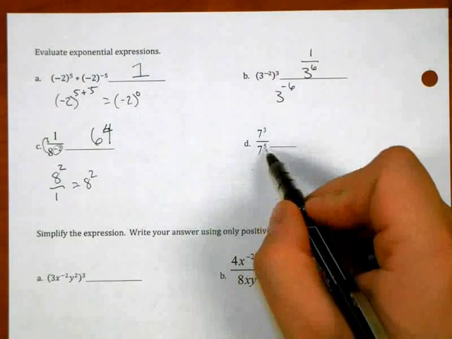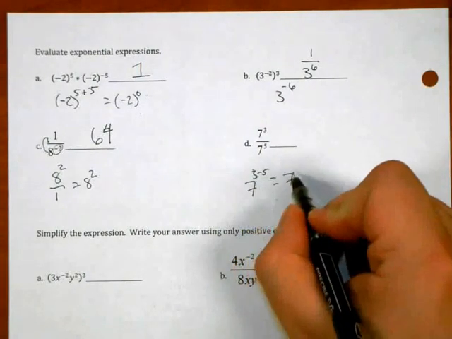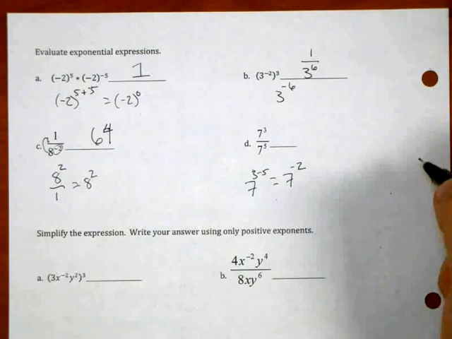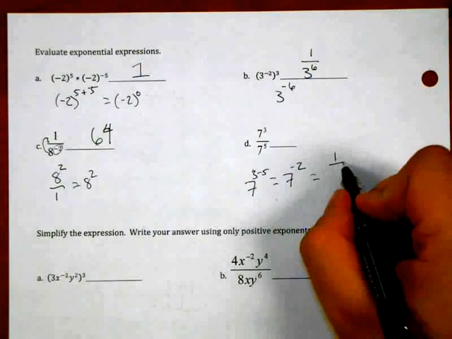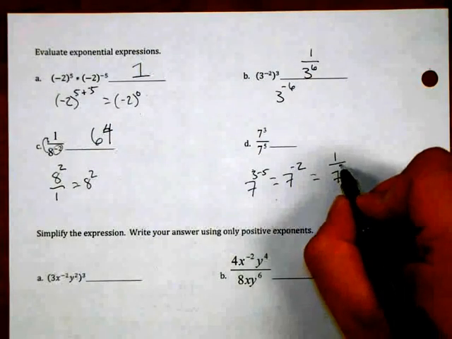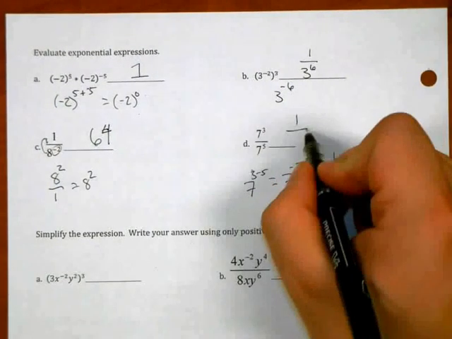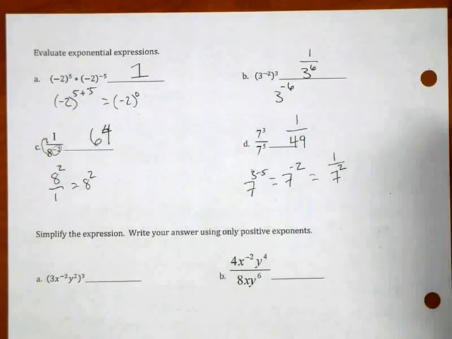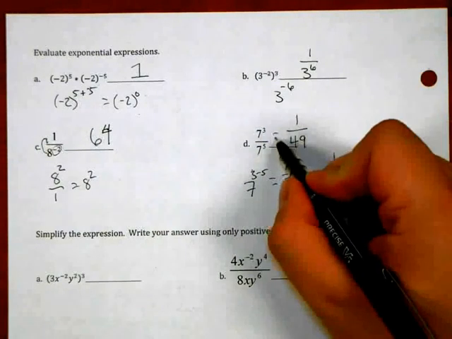Okay, 7 to the third over 7 to the fifth. If I use my exponent rules, I have same base and dividing, so I can subtract the exponents. 3 minus 5 is negative 2. Negative exponent means I can flip this, or find the reciprocal of this. This is 1 over 7 to the positive 2, which is 1 over 49.